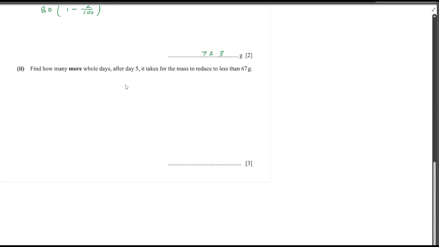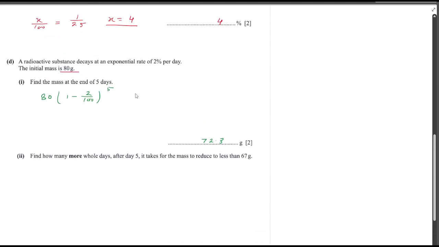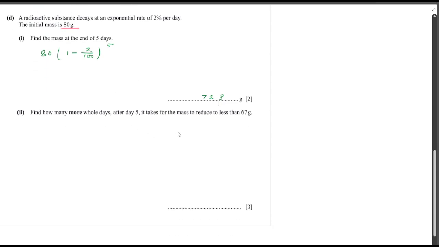So after 5 days, find the mass at the end of the 5th day. At the end of the 5th day, our mass is 72.3. So I will consider that 72.3 as my initial mass, because I want to find the number of days after 5 days.